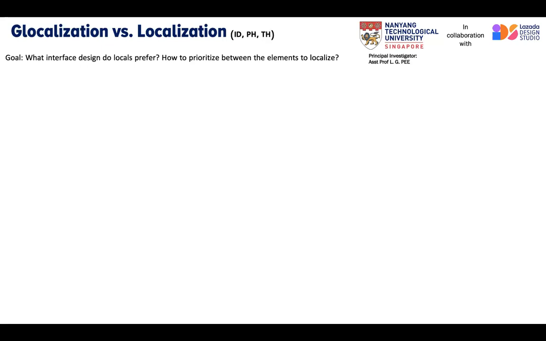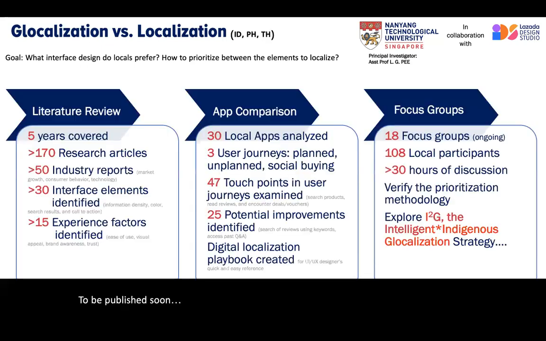This study is ongoing. It's still not completed, but is being done in a few phases. So we had some literature review, and it's being done in Indonesia, Philippines, and Thailand. There are local counterparts of NTU in different universities who are going through literature of 5 years, from 2015 to 2020.